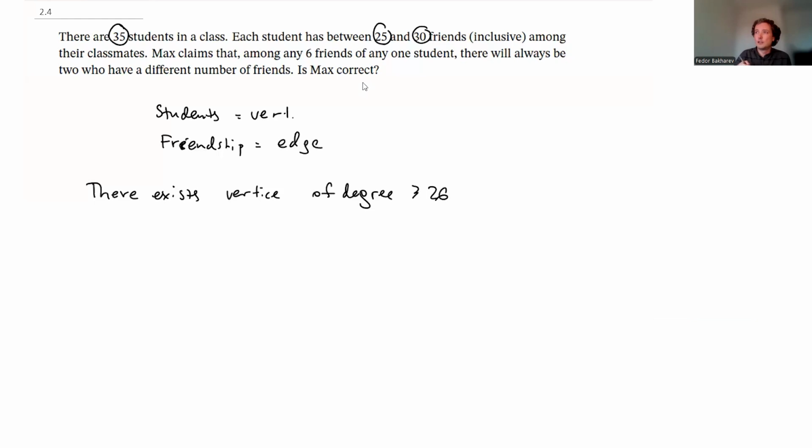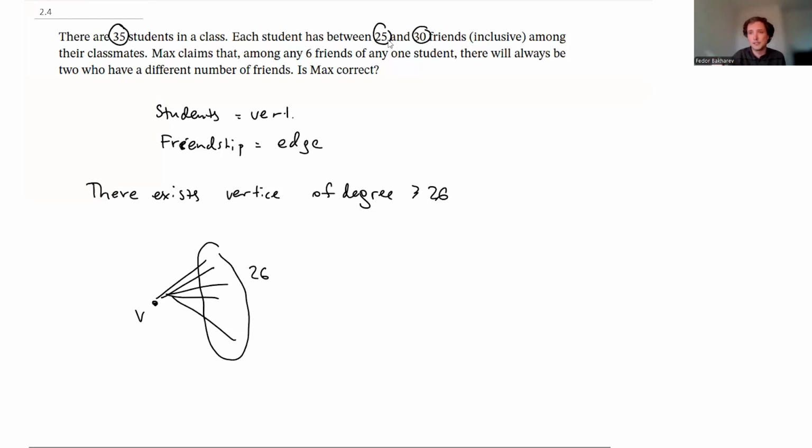So we have a vertex of degree 26, let me denote it by V. If Max is correct, then at most 5 of them have degree 25, at most 5 have degree 26, and so on. So we have 5 of degree 25, 5 of 26, and so on, up to 5 of 29, and this is still less than 35.